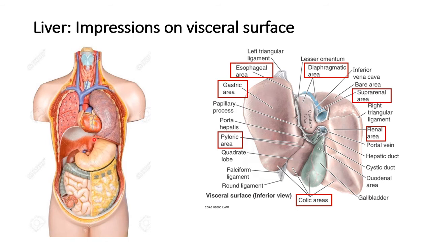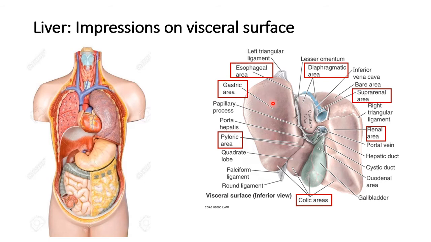There is the esophagus, the end of the esophagus, and there is the diaphragm. So we should be able to see impressions of all these structures on the visceral surface of the liver.